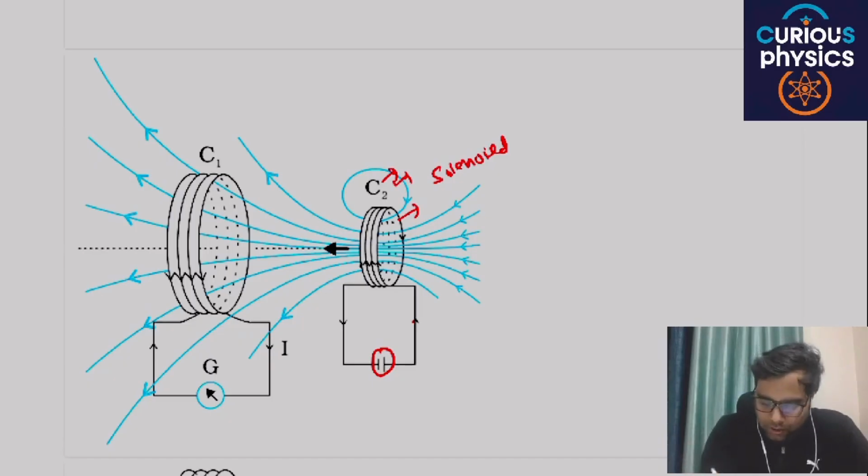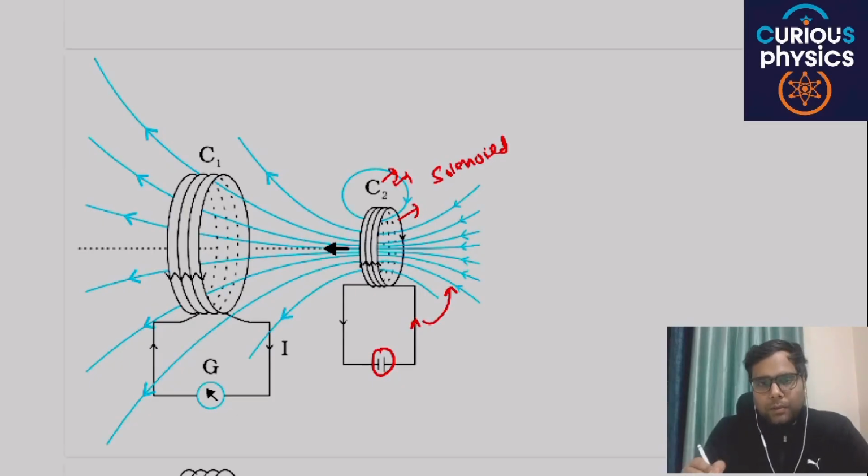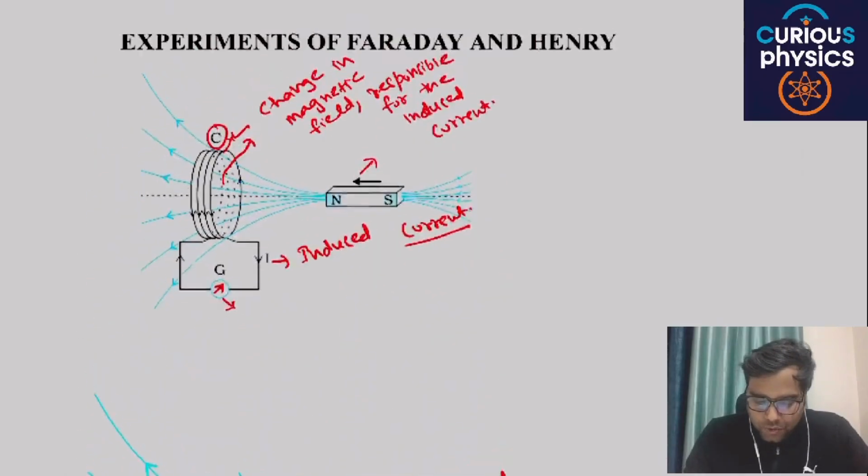So this battery is responsible for the production of a magnetic field, and when you move coil C2 toward C1, the magnetic field changes in C1, and that change in magnetic field is also responsible for induced current in coil C1. This situation is the same as situation 1.